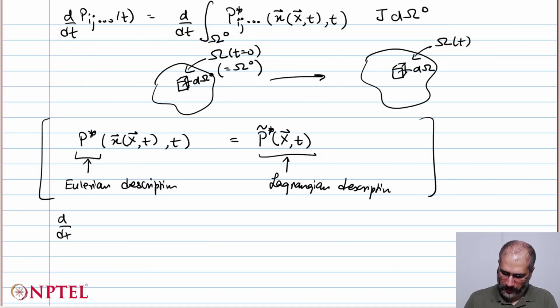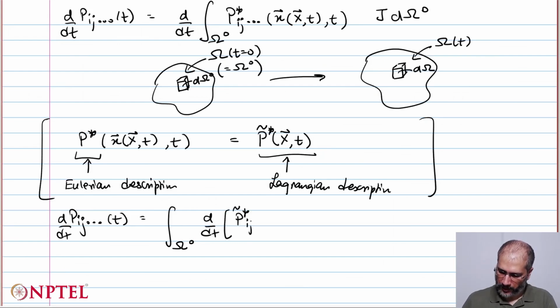So the d by dt of the extensive quantity P_ij... as a function of time becomes the integral over omega naught of d by dt of P star tilde, again with an ij... here as well, which is a function of capital X and t, times the Jacobian J times d omega naught.